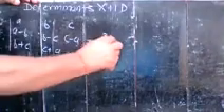Using properties of determinants, prove that the determinant with first column A minus B plus C, second column B minus C plus A, and third column C minus A plus B is equal to A cube plus B cube plus C cube minus 3ABC. You have to prove this result.